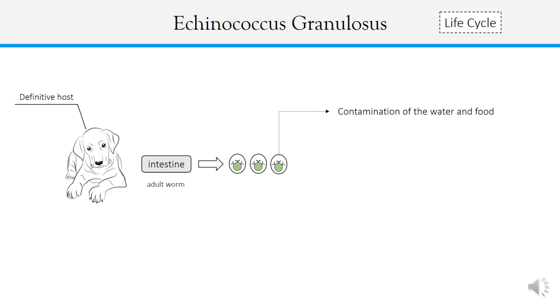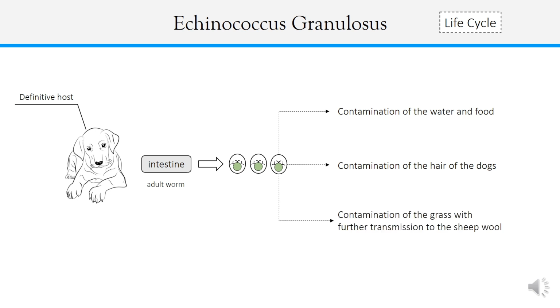These eggs may be a source of contamination of the water and food. Also, eggs may contaminate the hair of this animal. And they may also contaminate grass for further transmission, for example, to the sheep wool.